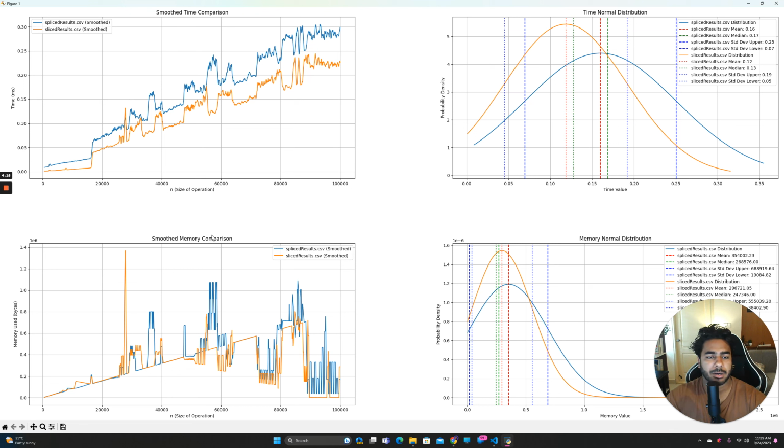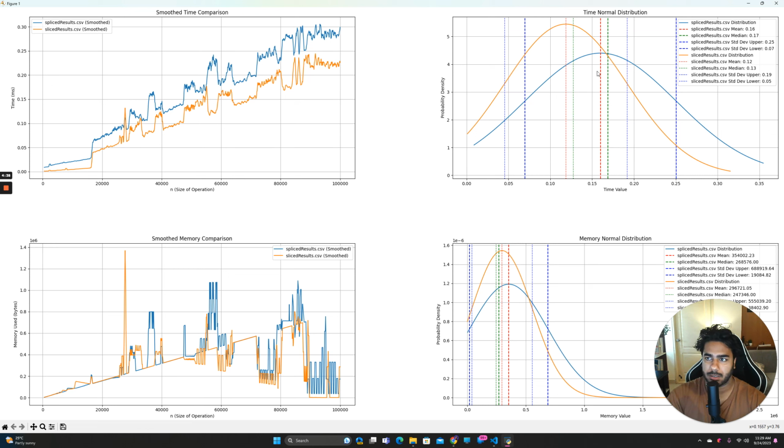Now if we calculate the mean, median and standard deviation, and we plot the normal distribution graph, we get this, right? In the normal distribution graph, this is for slice, and this is for splice. Let's look at them individually.